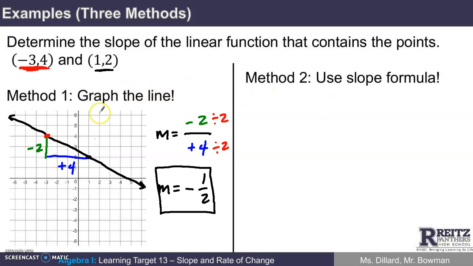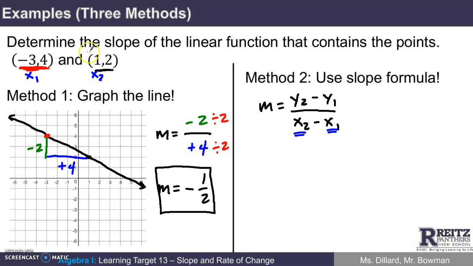Method 2 would be to actually use the slope formula. Let me recopy that here. This is on the previous slide. The slope is the difference of the y values over the difference of the x values. So here you want to use the subscripts and maybe go back and label the 2 points. The 2 x values are going to be x1 and x2.